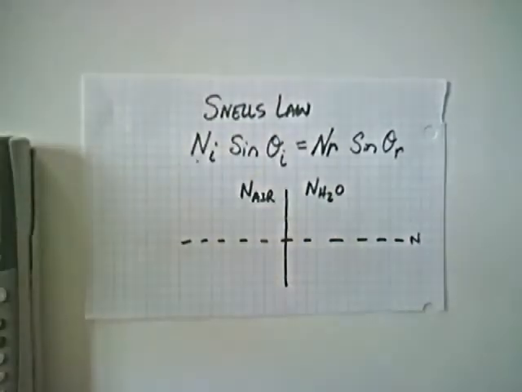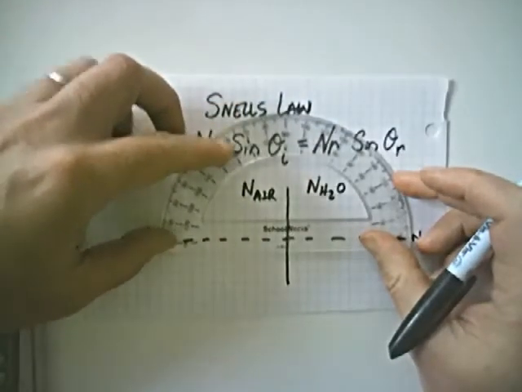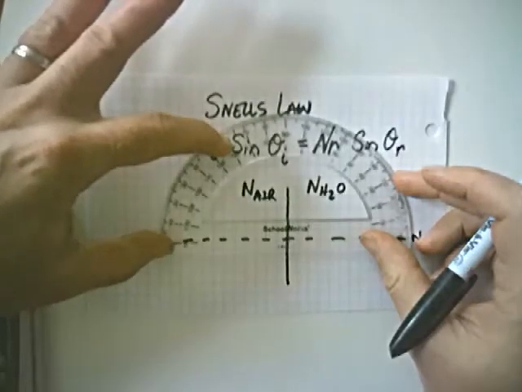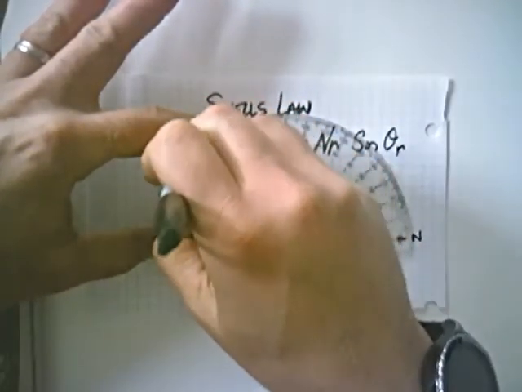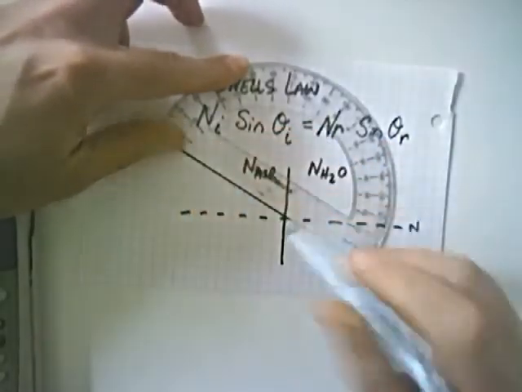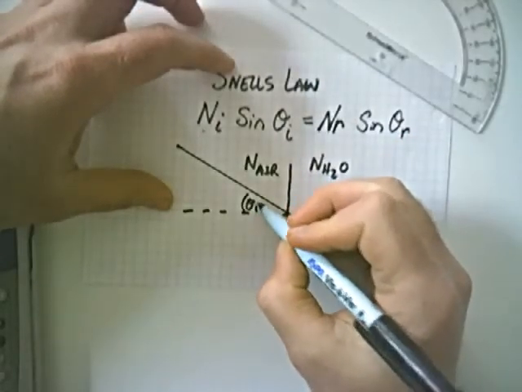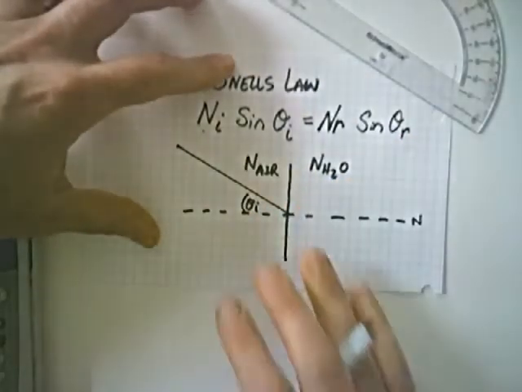So as I enter at some angle off of the normal, I'm going to measure off the normal here. I'm going to enter maybe 30 degrees off the normal. So my beam of light is going to come in like this. So this is going to be theta I, and I told you that it was 30 degrees.